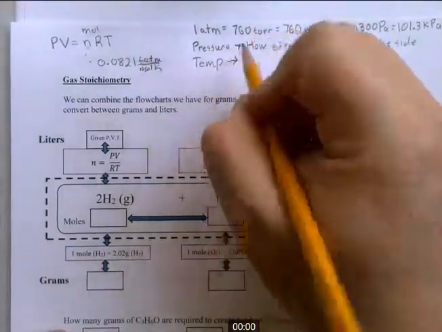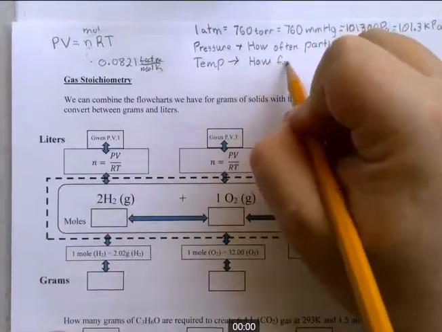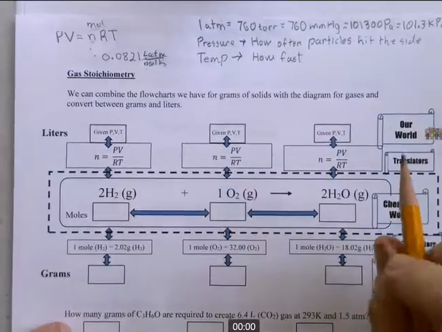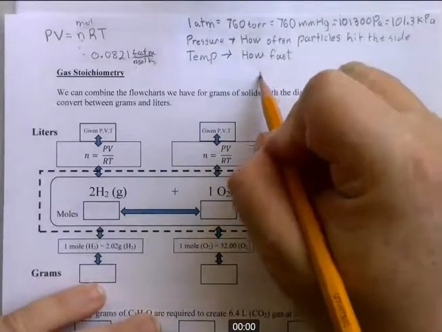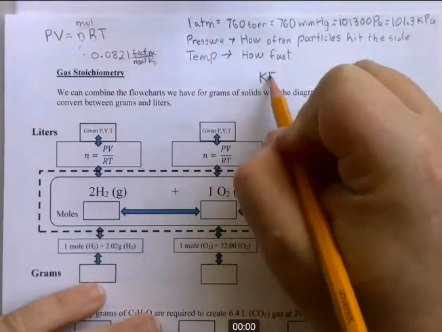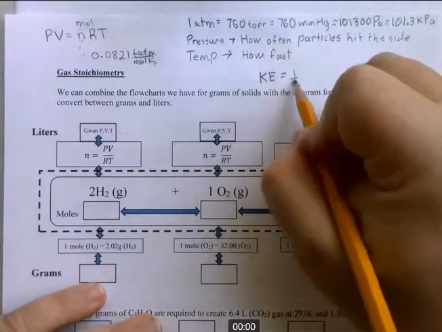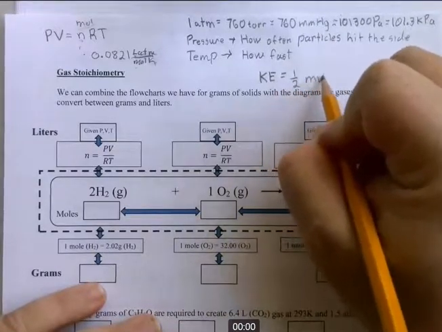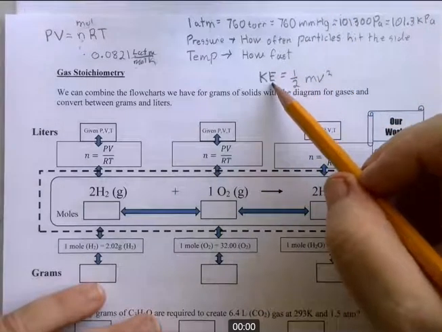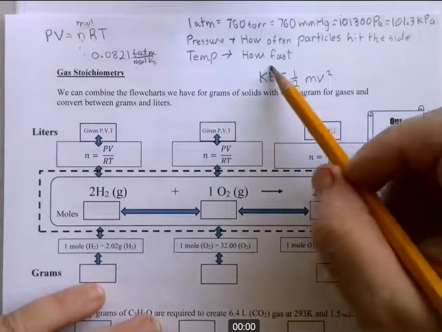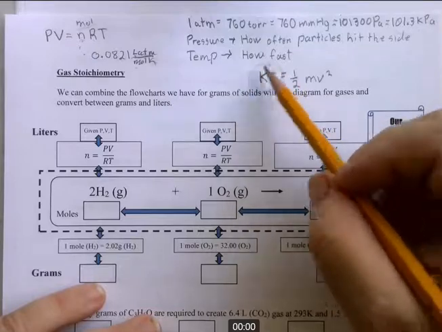Temperature is how fast the molecules are moving. You can think of that as their speed. If you're only dealing with one type of gas, then what temperature really tells you, to be proper, is the average kinetic energy of the molecules. And if you remember from physics, that equals 1/2 mv squared. Let's say I have two molecules, a larger one and a smaller one. At a certain temperature, both have the same kinetic energy.